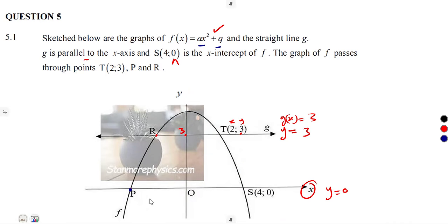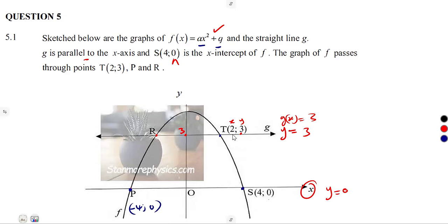So at P, if S is 4, 0, then P will be minus 4, 0. Just a negative. The same thing at R, which is symmetrical to point T.